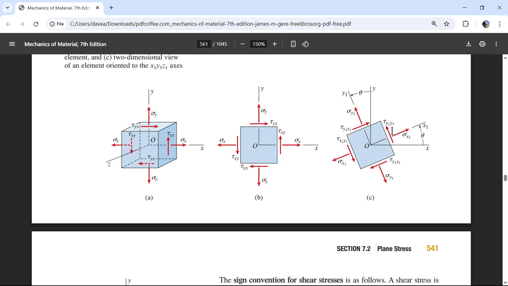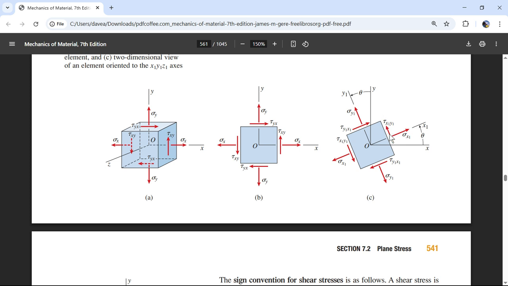But if we have tension, and then a normal stress in the x direction and normal stresses in the y direction and shear stresses, there's going to be a certain point where some of these are maxed out. You know what I mean?